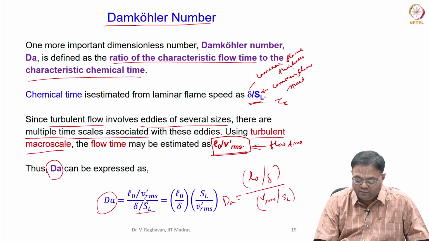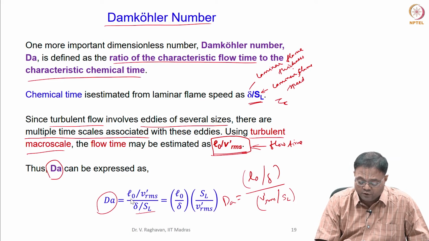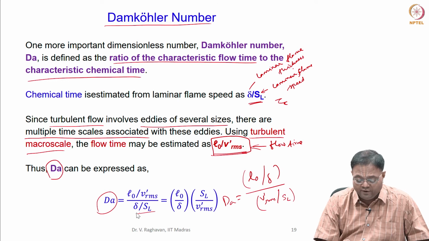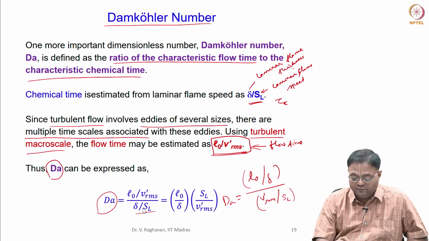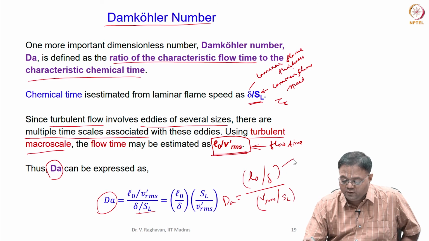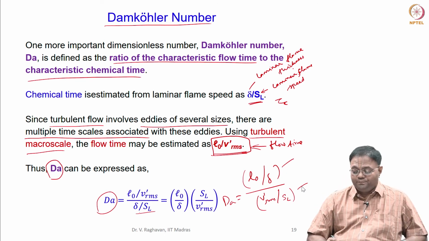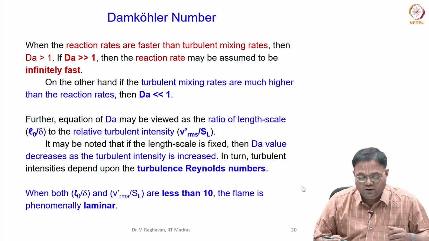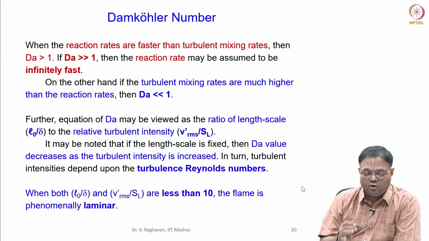Damkohler number is nothing but the flow time, which is the integral scale by the turbulent intensity, divided by the chemical time, laminar flame thickness divided by the laminar flame speed. So, this can be written as a ratio of the length scales and the velocity scales. Now based upon that, we will try to understand the consequences.